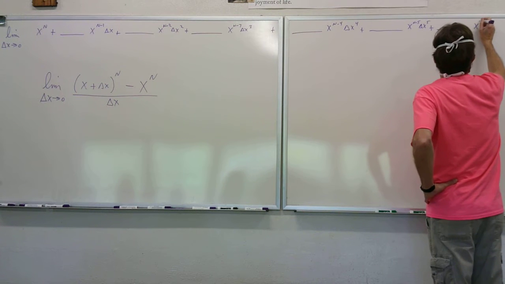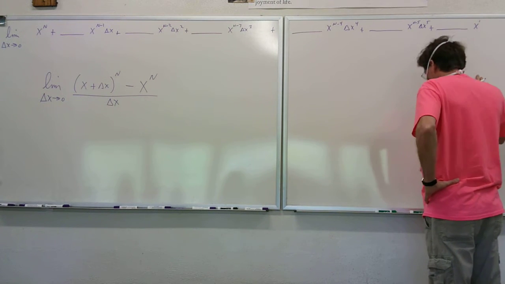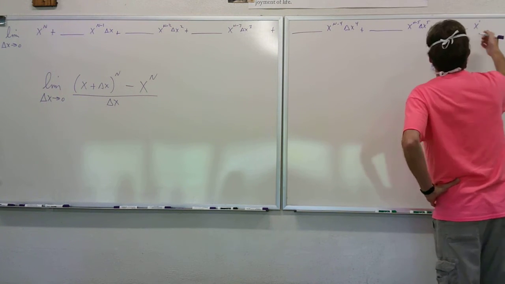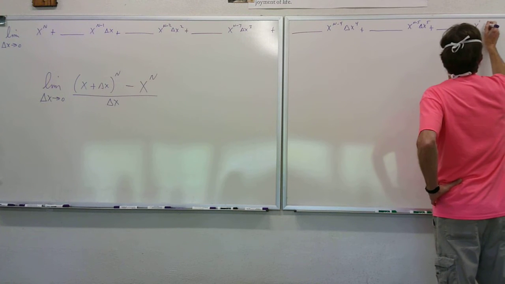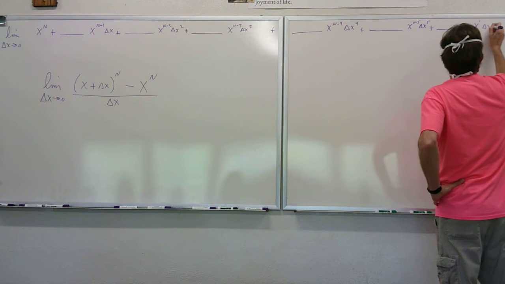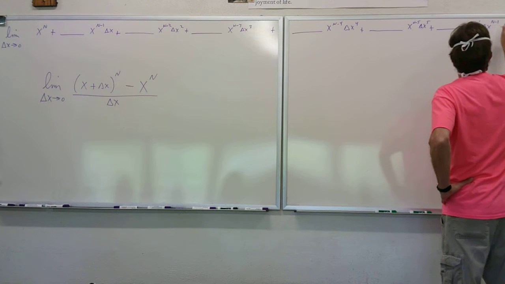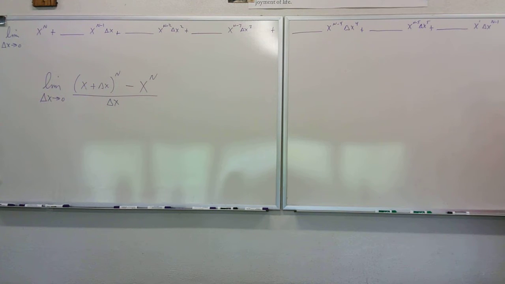I want to put, just put x to the first, and delta x to the n minus 1. All right, because that's going, and then plus x to the 0, delta x to the n.